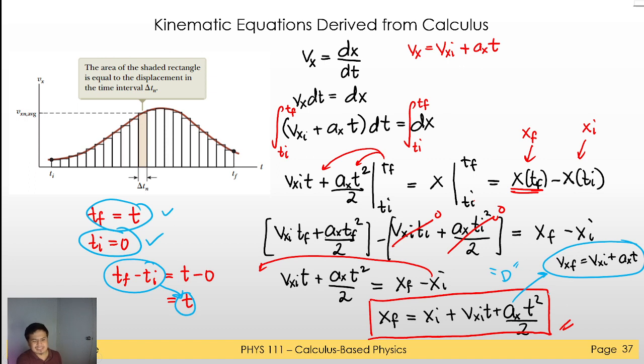So, let's also derive the velocity function. Something interesting. If you recall again, the instantaneous acceleration is equal to the change in instantaneous velocity over time. So if we do this again, cross multiplying, we have ax dt is equal to dbx.